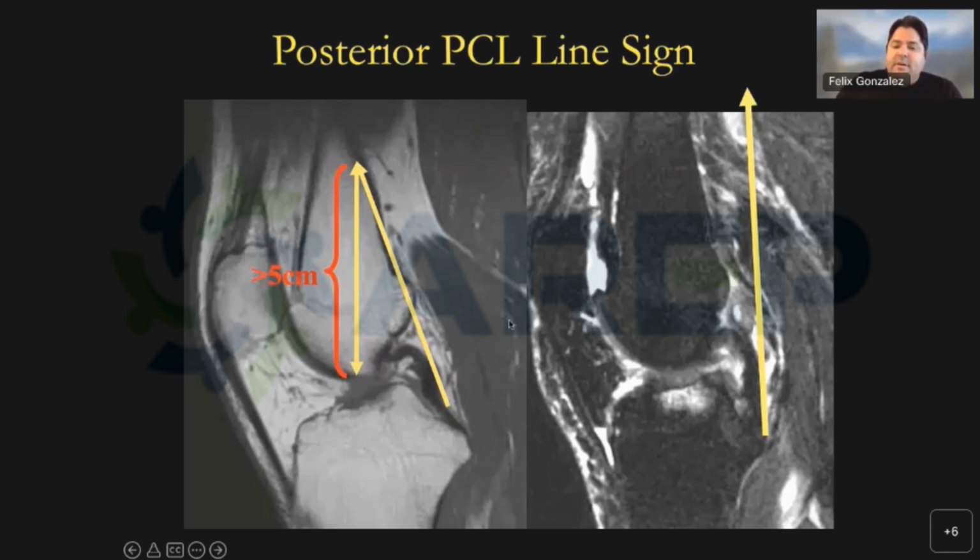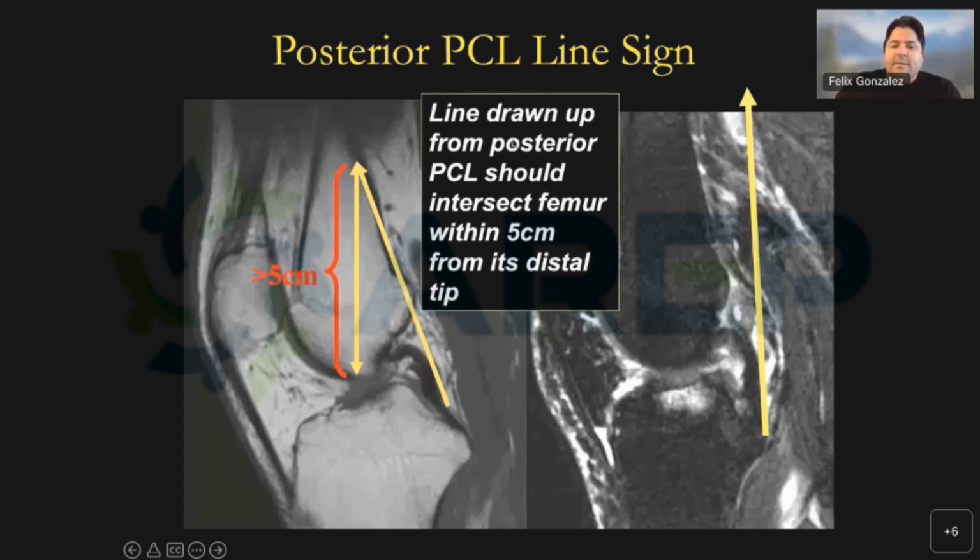In the case of an ACL injury, this line will not even contact the femoral condyle, and it will obviously be more than 5 centimeters, which is abnormal. It basically tells you that the tibia is too far posteriorly, and hence the PCL is really buckled posteriorly, giving you that straight up arrow appearance. So if you draw the line from the posterior aspect of the PCL, that should intersect the femur within 5 centimeters from the distal tip.